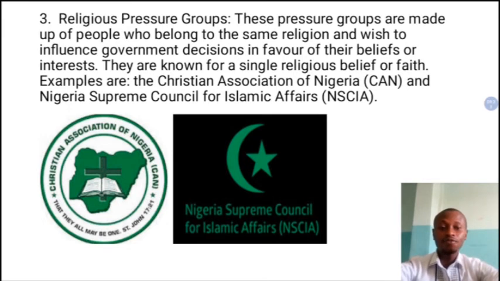In Nigeria, we have two major ones. We have other ones, but these are two major religious pressure groups representing the two major religions we have in Nigeria, Islam and Christianity.